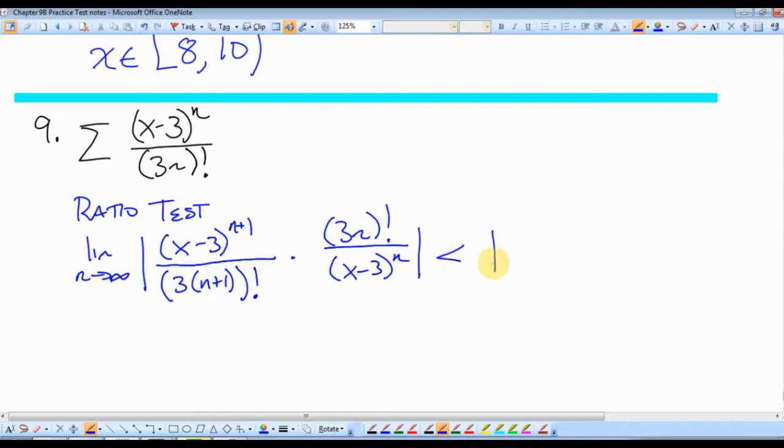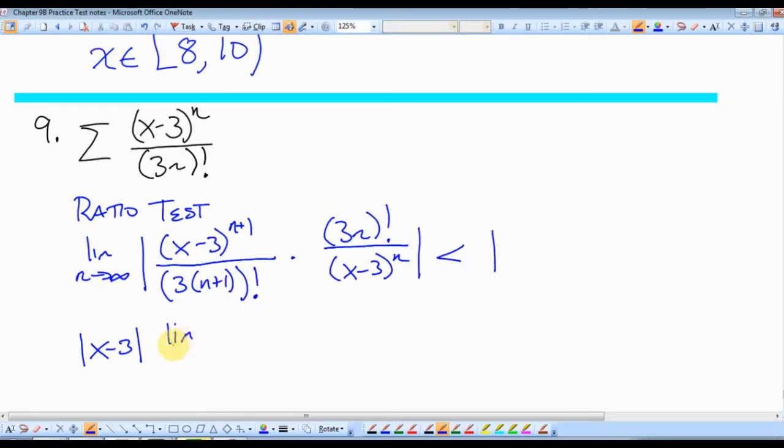And as this is a power series, you want to force it less than 1. We're going to do that right now. I think you can see the x minus 3 kind of comes out. There's a canceling of x minus 3 to the n.